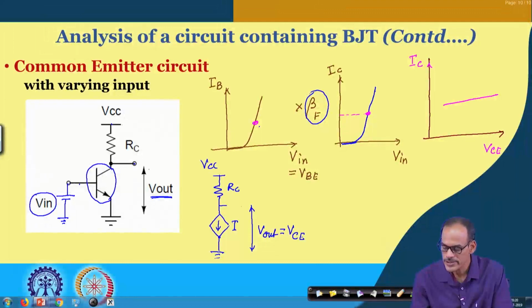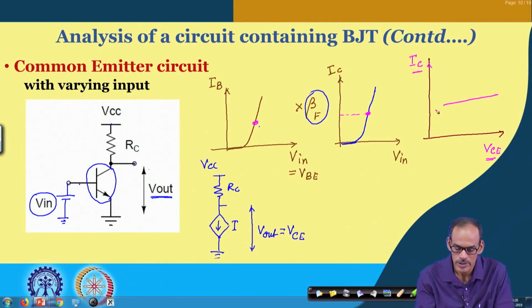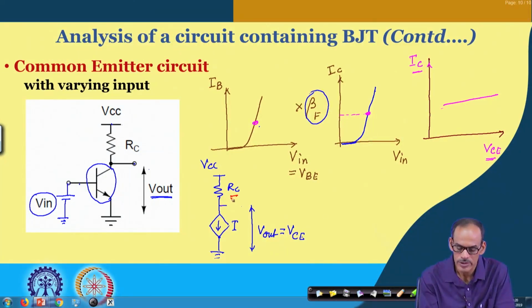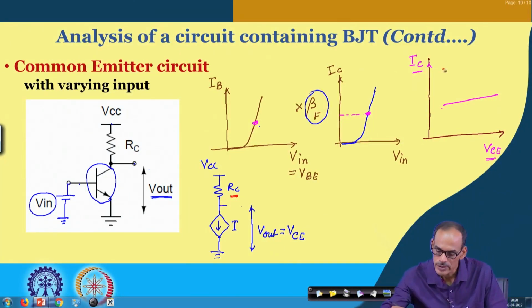If I ignore the early voltage, then the collector current is almost independent of this VCE, and so the pull down element characteristic is horizontal. On the other hand, the characteristic of the RC gives us the corresponding load line.